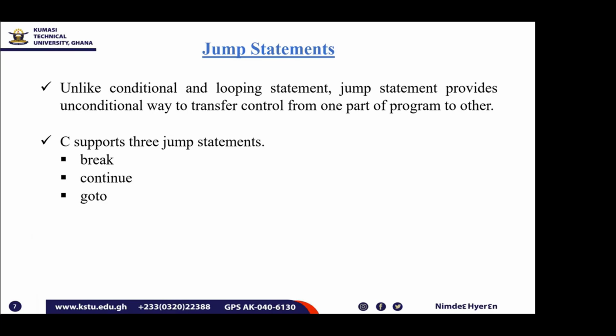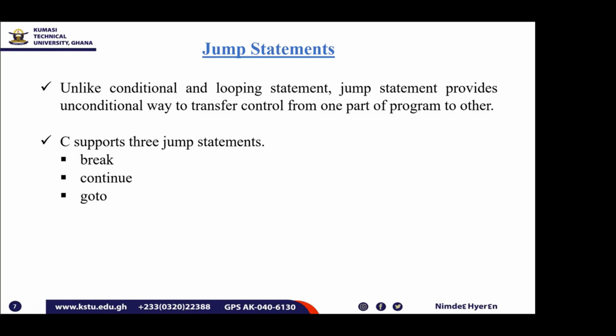Now, as we mentioned earlier, there are three categories. The first one being the decision statements, the second one being the looping statements. The last one is the jump statements.